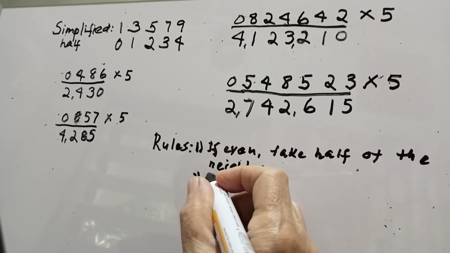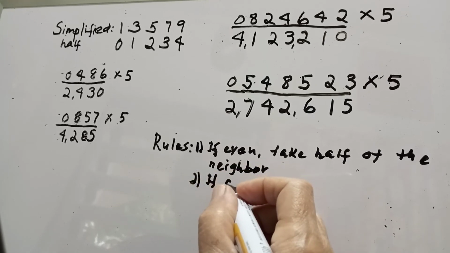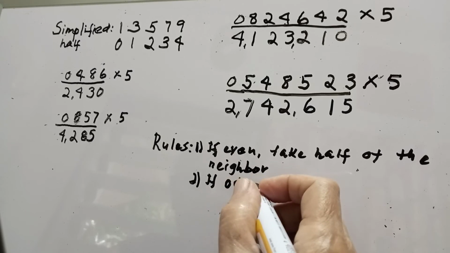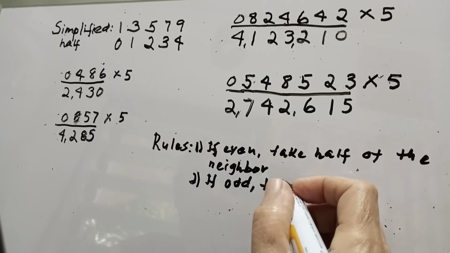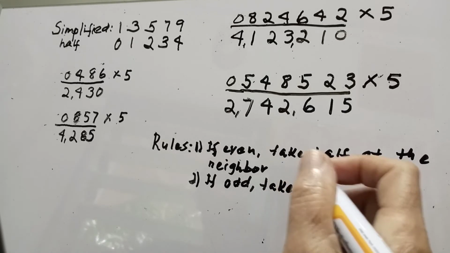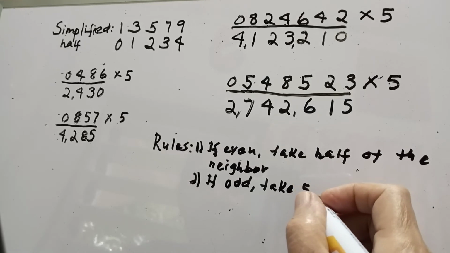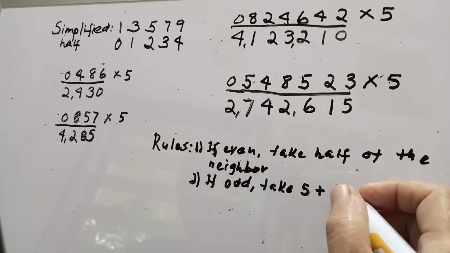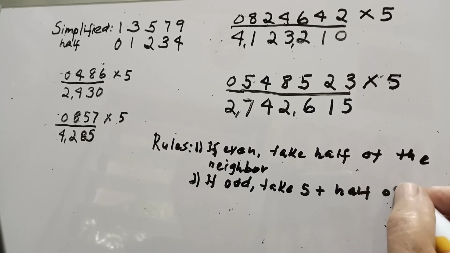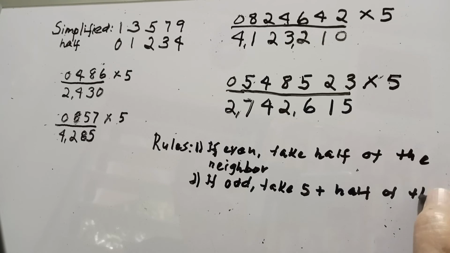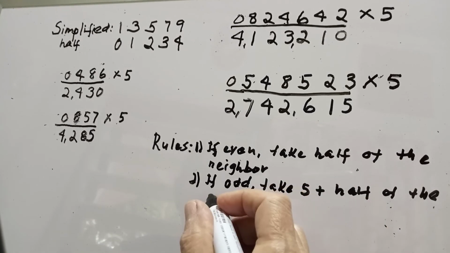Okay, number 2. Rule 2: if odd, if the number is odd, take 5 plus half of the neighbor.